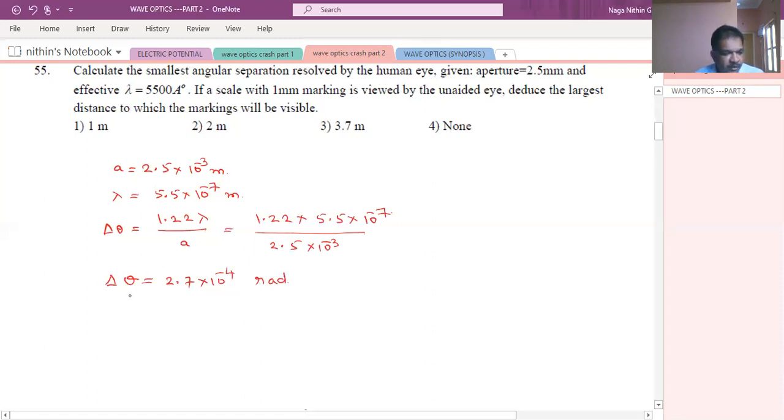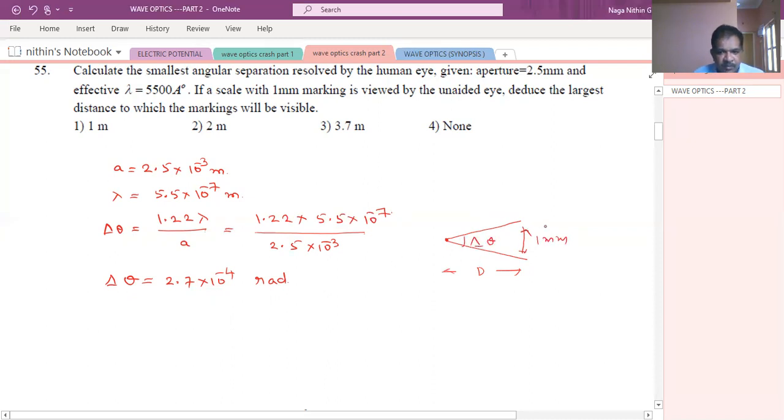But this delta theta is equal to, here small d is there. This distance is how much they are asking. Capital D value is how much they are asking. This they gave as 1 mm. This value will be delta theta.